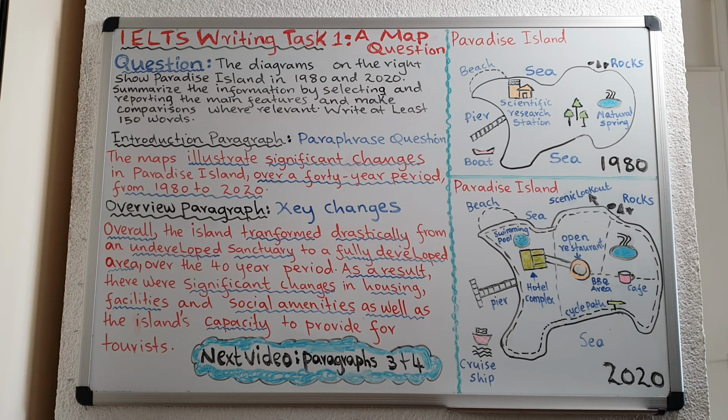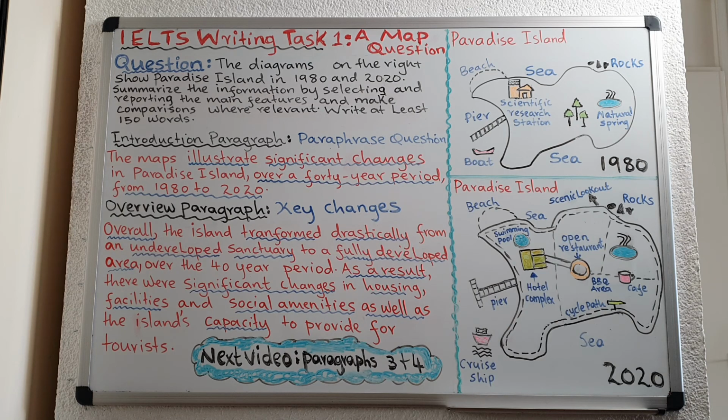So in that overview paragraph, I have identified the key changes. The first key change that I talked about is that the island changed from an undeveloped sanctuary to a fully developed area. The other change was in regards to housing, and then facilities and social amenities.